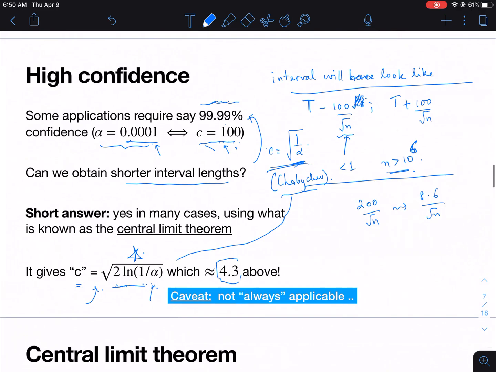But the big caveat is that this philosophy of using the central limit theorem is not always possible. It's possible only if you have n being large enough and so on. But it is applicable in the case of Bernoulli.